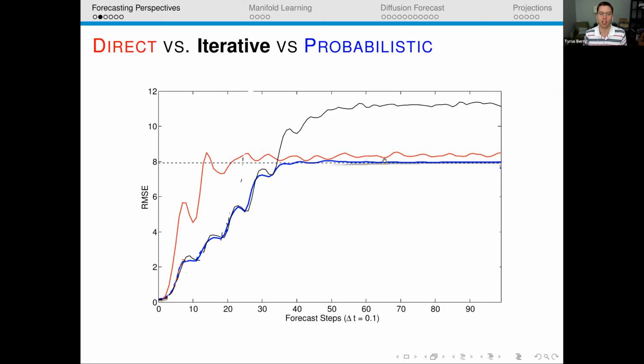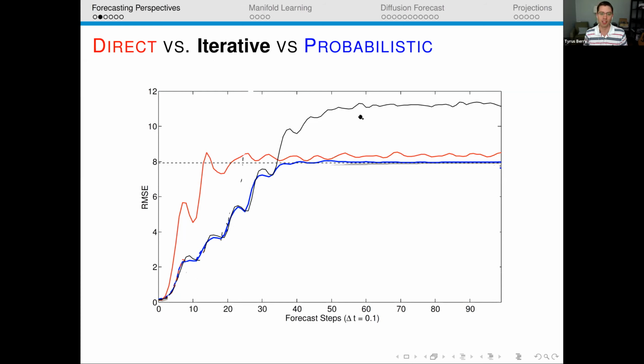Whereas an iterative forecast tends to produce trajectories that look a lot like the trajectories of the dynamics. It does much better in the short-term forecast, but eventually it decouples from the truth, and now you have the truth and the forecast going around the attractor separately. That's a worse prediction than just predicting the mean.